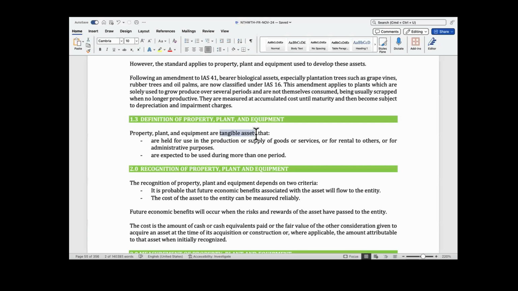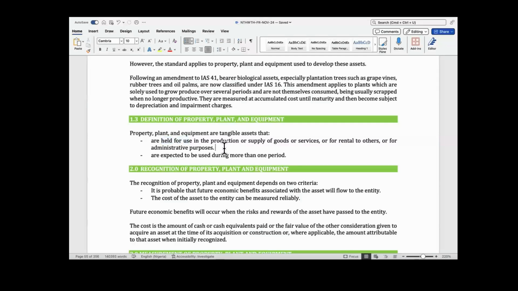Extremely important that you focus your mind on PPE being tangible, something you can see, touch, something that has physical substance. And this tangible item is held for use in the production or supply of goods or services, or for rental to others, or for administrative purposes.